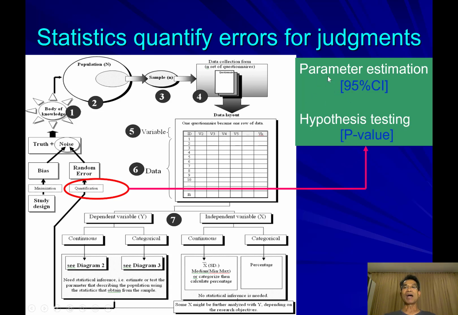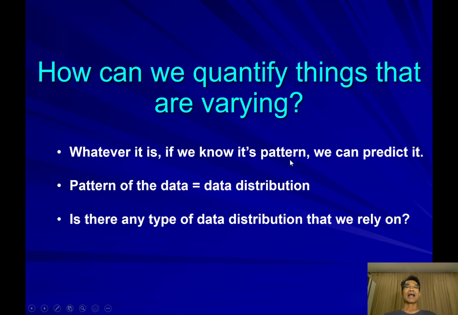But how can we be sure that what would be found in the populations will be correct, will be valid by this method? So we need to know how to deal with that.